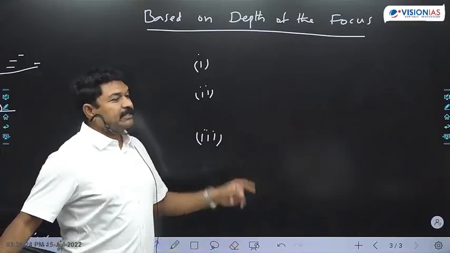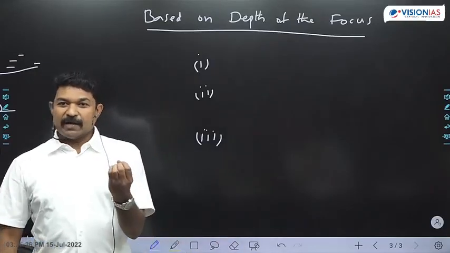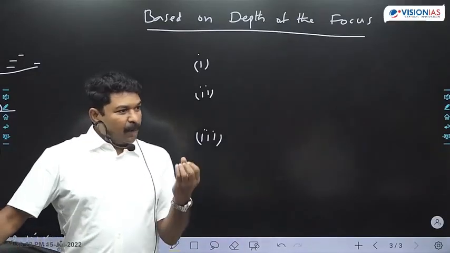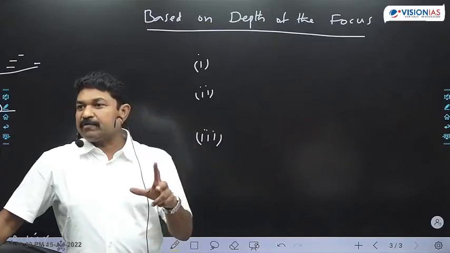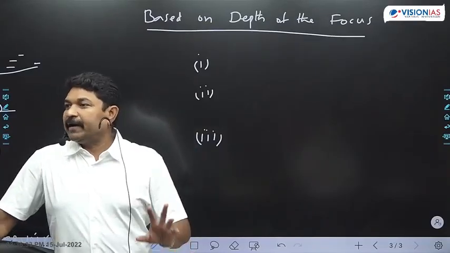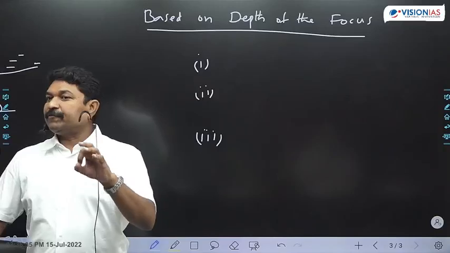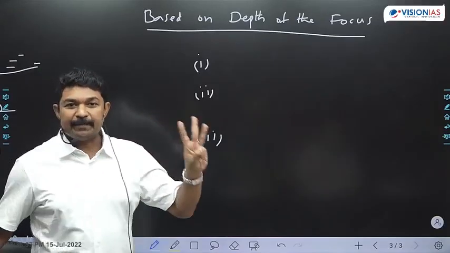What is the focus? The point where the rock is getting broken. The point where the rock breaks is called the focus, otherwise called the hypocenter. Based upon the depth of the focus, the earthquakes can be of three types. What are the three types?